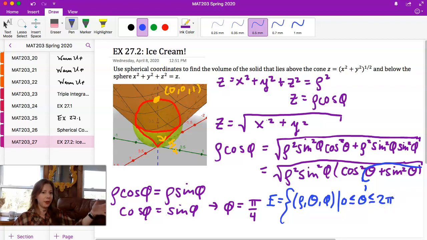Hopefully that makes sense, because if you look down at our ice cream cone, bird's eye view, looking down at the XY plane, it's going to look like a circle. We're going from 0 to 2 pi.